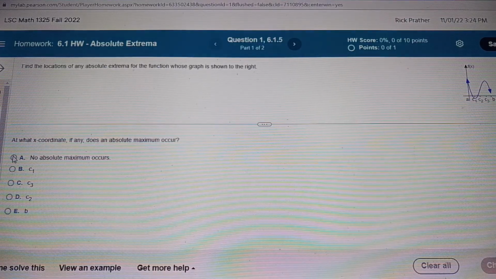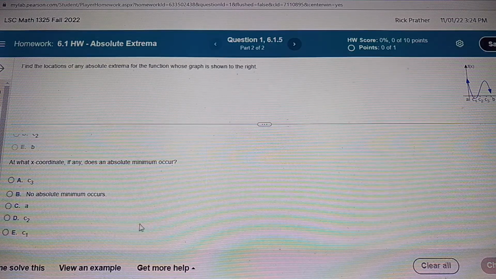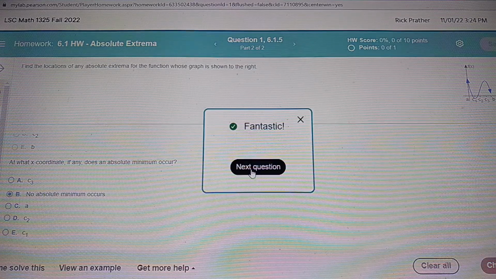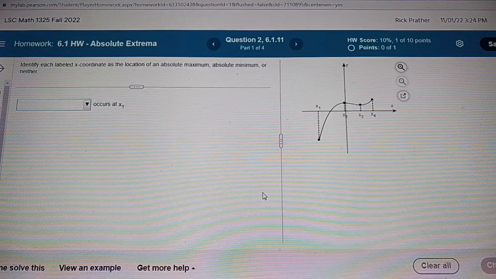So this one has no absolute maximum because it goes up forever, and it has no absolute minimum because it goes down forever. So just keep that in mind, that you're not guaranteed to get absolute maxes and mins whenever domains are infinite.